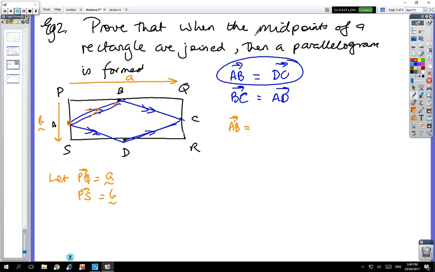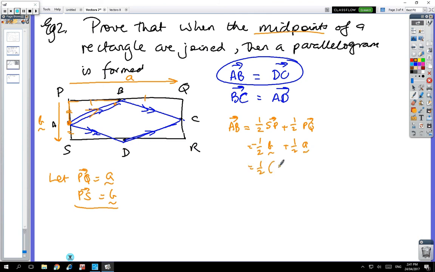Now don't forget these are midpoints, so these distances are the same. So if I'm going to go from A to B, I've got to go halfway from S to P, and then halfway of PQ. Now PS is B, so SP equals minus B, so I've got minus a half of B, and then PQ is in the right direction.